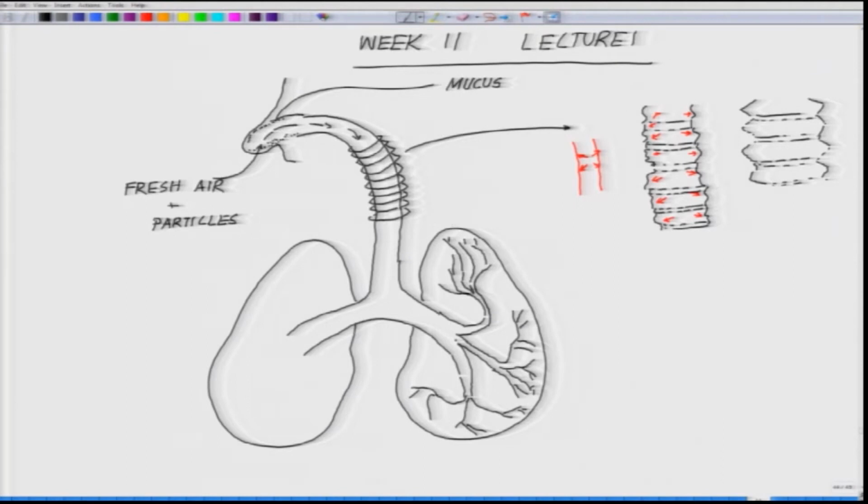So this is your lungs, and this is your trachea, and this is where all the gas exchange is taking place.